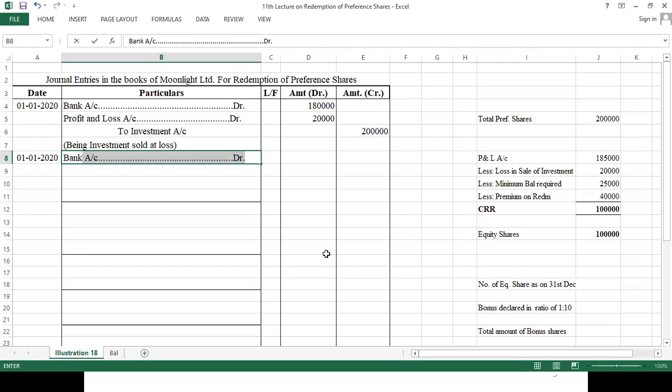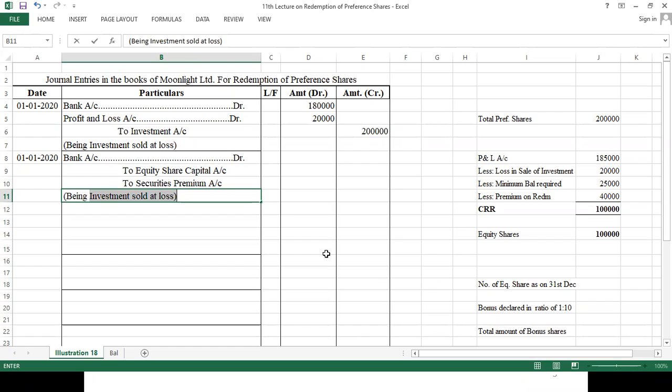Entry will be bank account debited to equity share capital account to securities premium account. Okay.